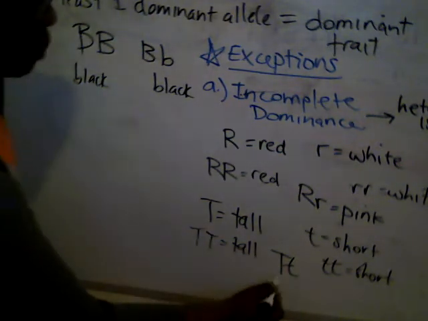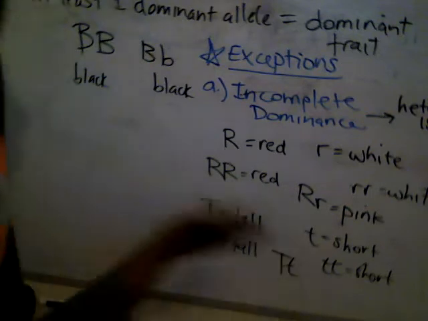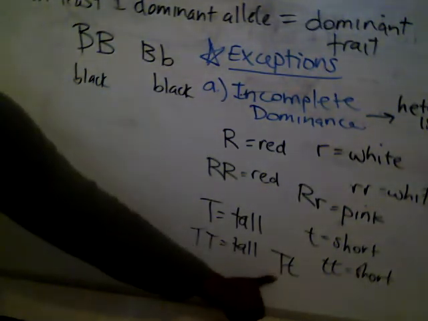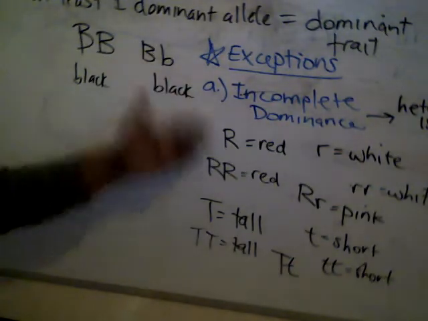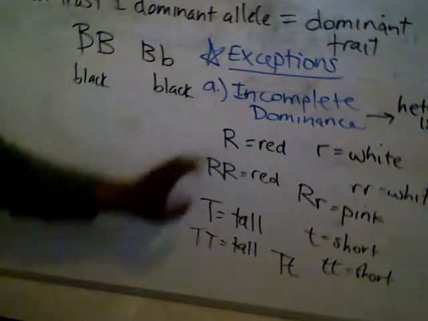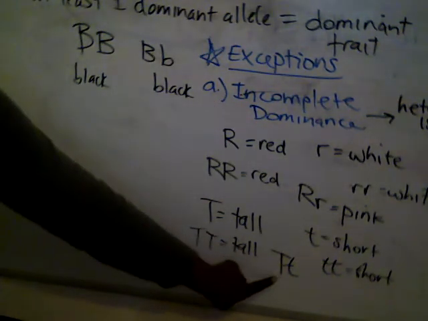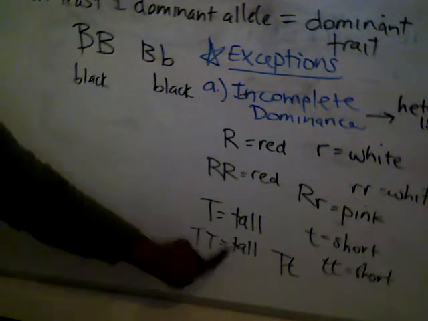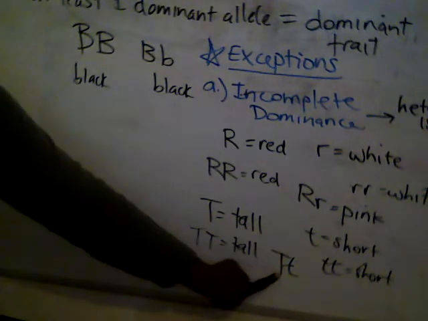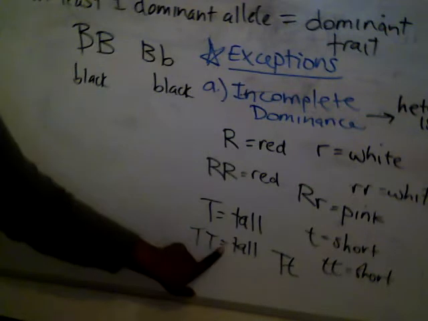Well, according to incomplete dominance, you actually would be medium height, somewhere in between the two. So if this one's tall and that one's short, you'd be right smack in the middle. Well, now for a word problem, they would have to tell you that it's incomplete dominance. Otherwise, you would have to assume that the heterozygous would be tall. So unless they tell you that it's incomplete dominance, we have to assume that as long as you have a big T, you would be tall. Okay?